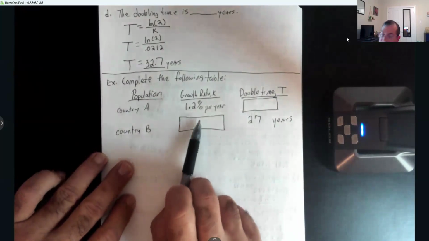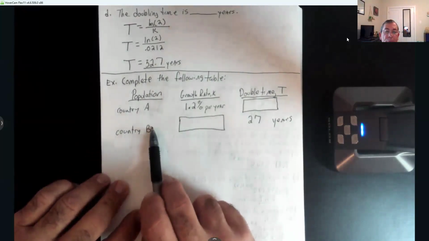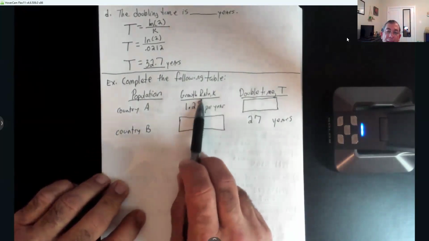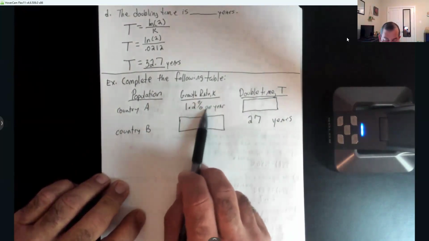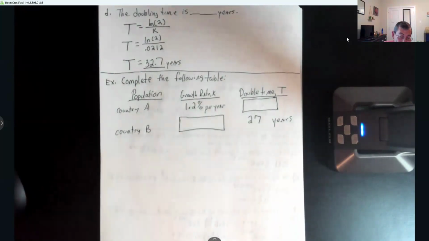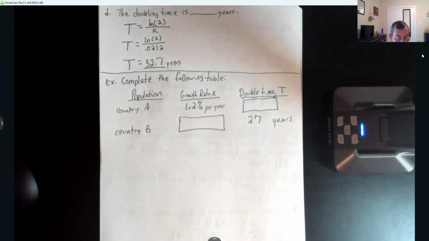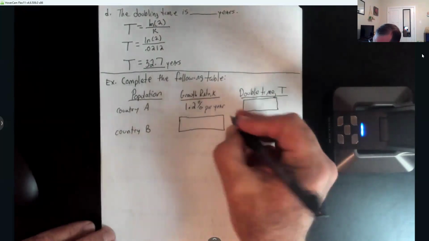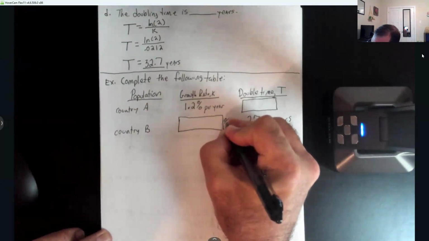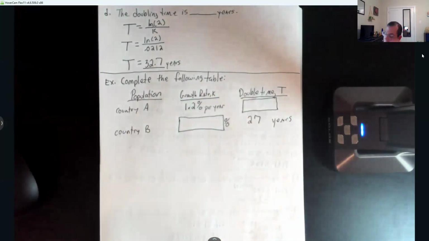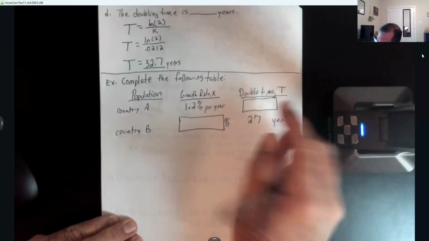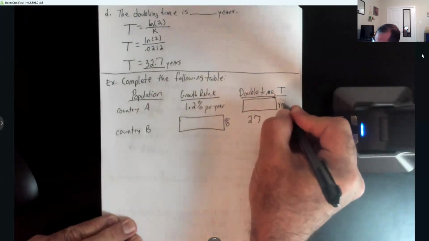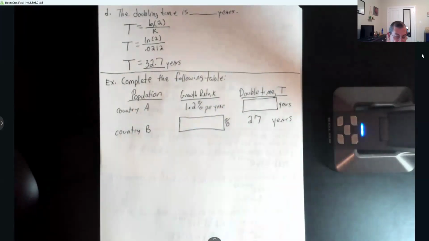So it looks like they want us to find the growth rate of country B, and notice how they got the answers. We're putting them as a percent, okay? So MathLab will actually have this percent on that one, okay? And then this double time for country A looks like we're doing in years, okay?